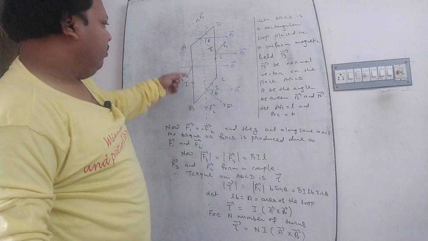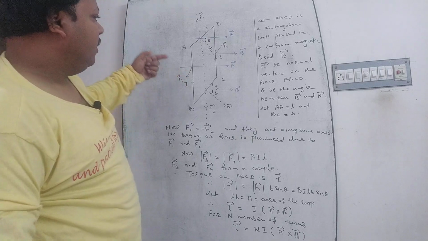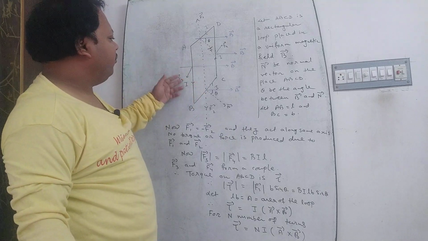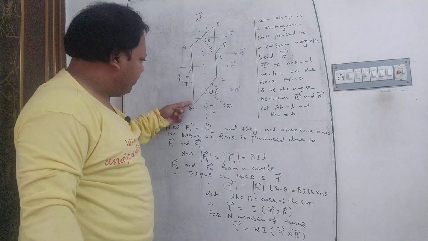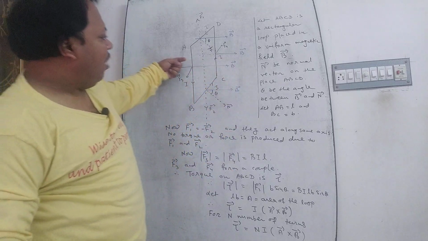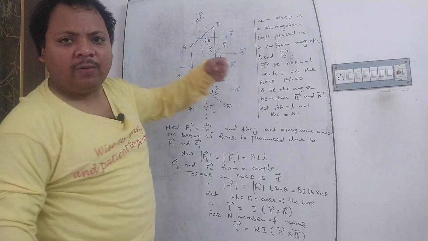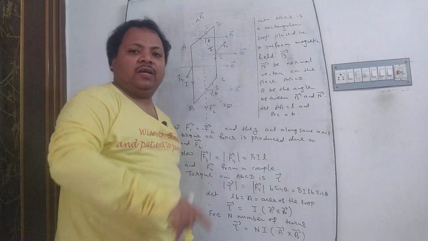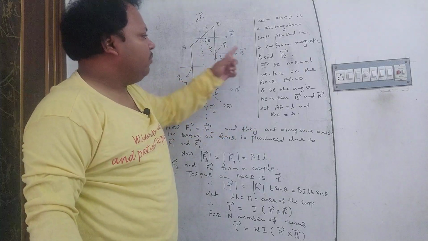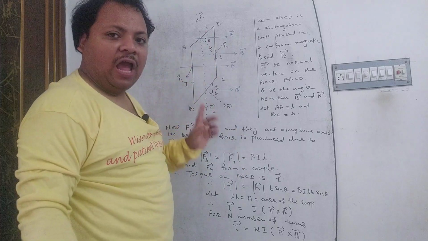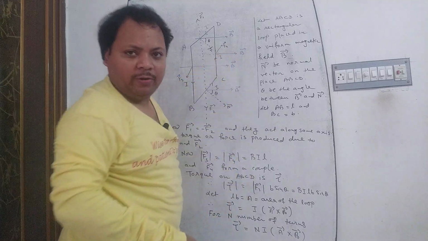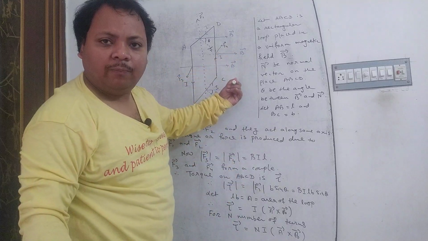The direction of F3 is perpendicular to AB and perpendicular to the magnetic field B, and it comes out of the paper towards you. The direction of F4 is also normal to the B vector and normal to BC, and it points into the plane of the paper.